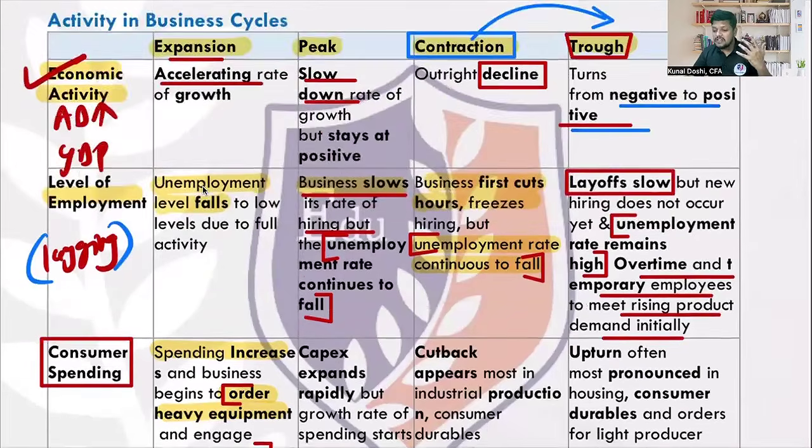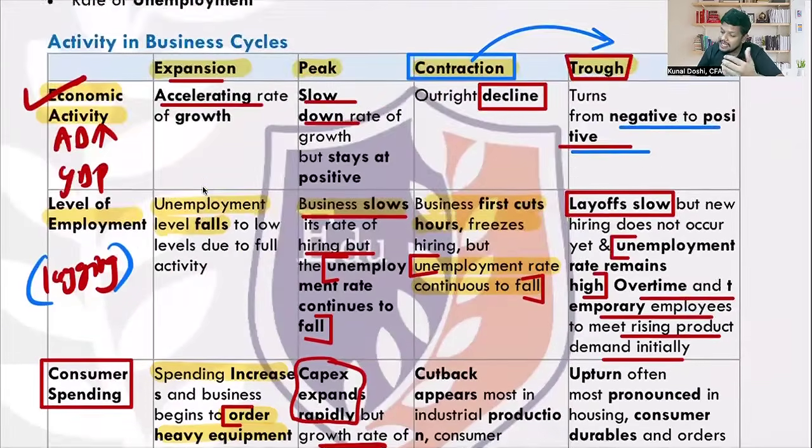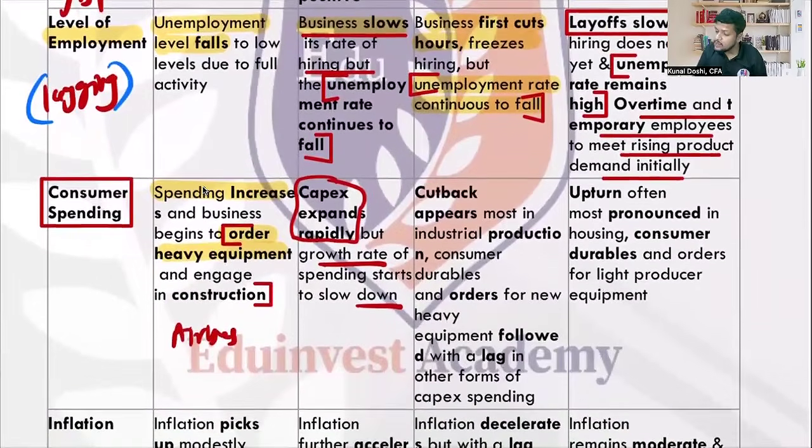During the expansion phase, businesses give orders for heavy equipment so that they can utilize it for production. Capex is still expanding in the later half of the peak. When the economy is at peak, Capex is still expanding, however the growth rate has started to slow down. And when the economy is in the mode of contraction, this is where cutback happens.